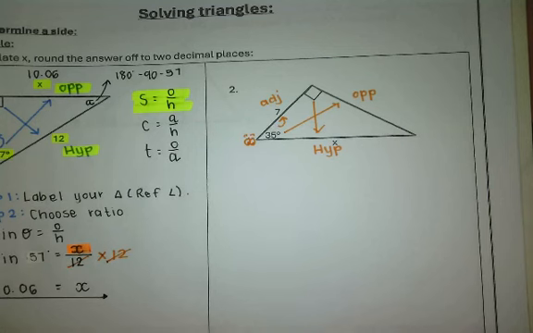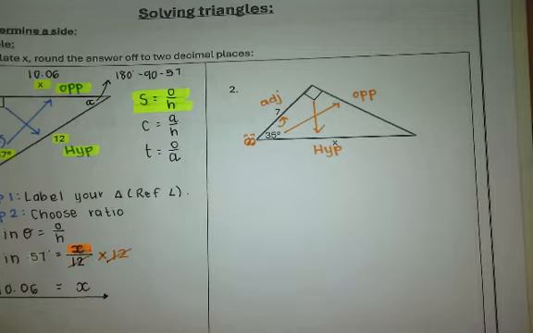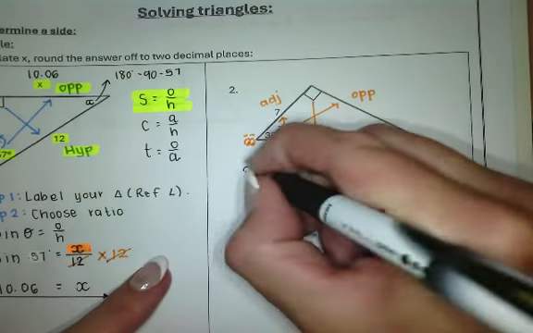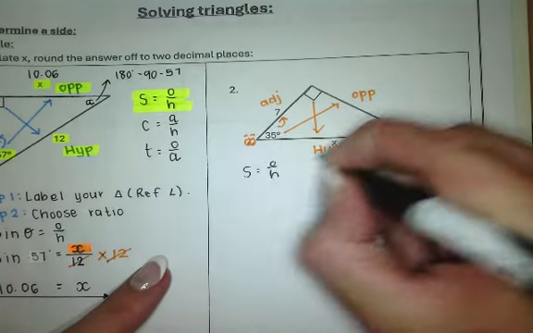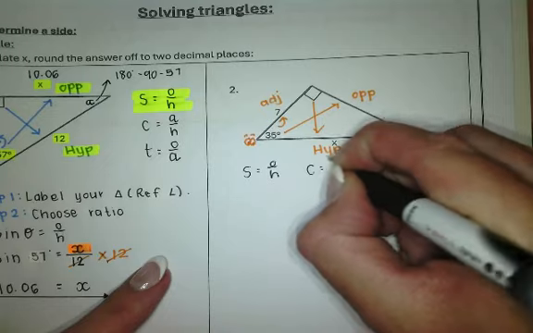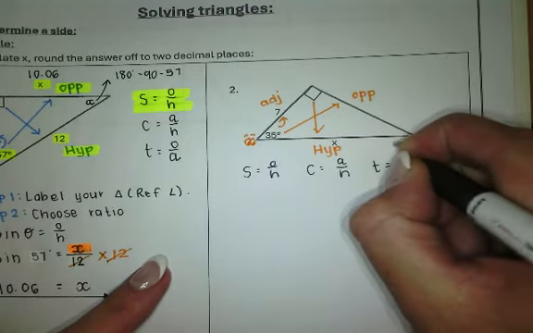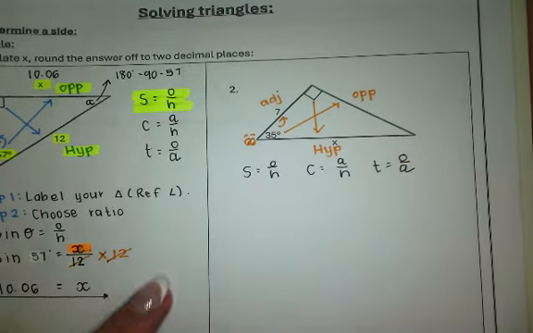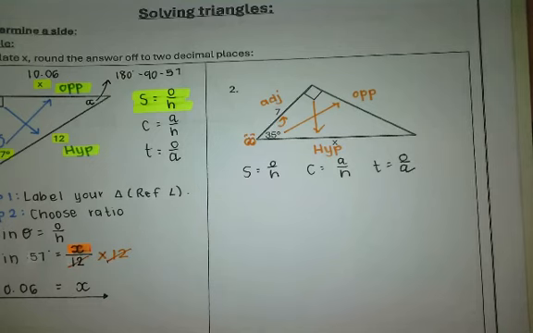Okay, right, so I'm not going to rewrite your steps, but the first step is we're going to now label our triangle according to our reference angle, which we've done. We're now going to choose a ratio which is relevant to the triangle you're working with. We've got SOH CAH TOA.